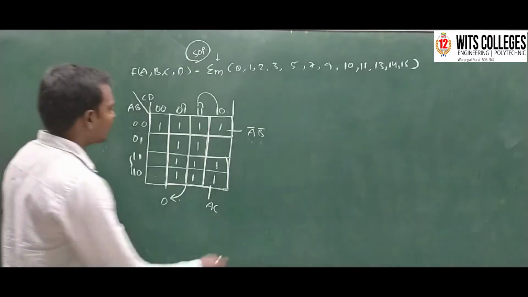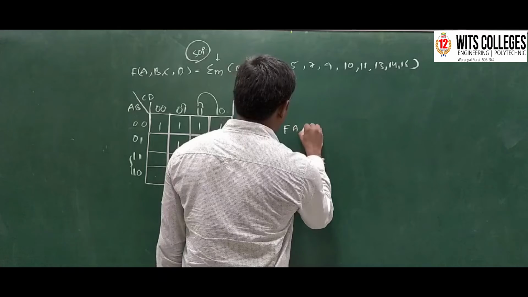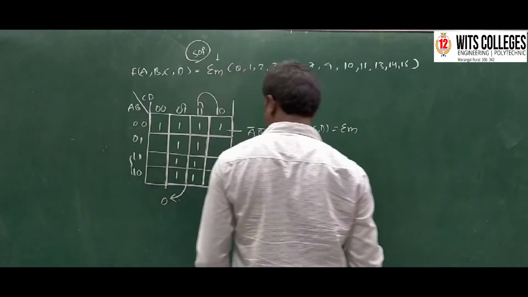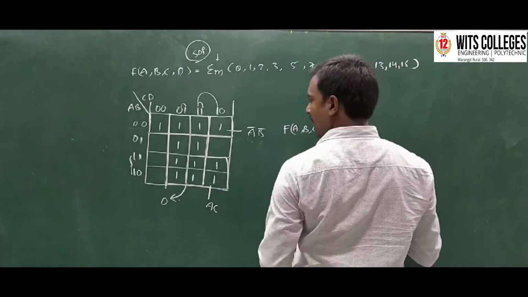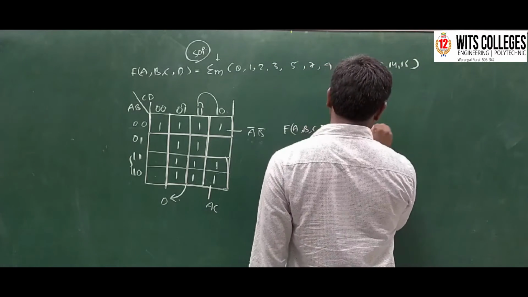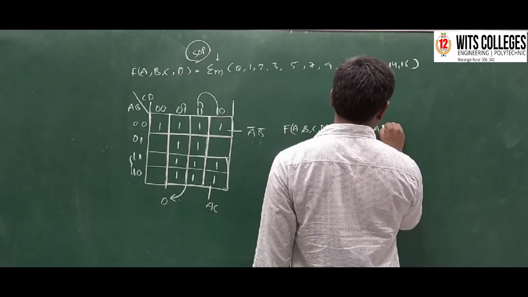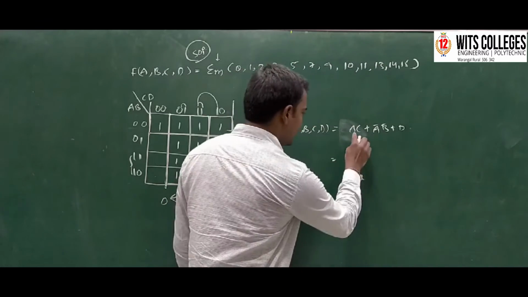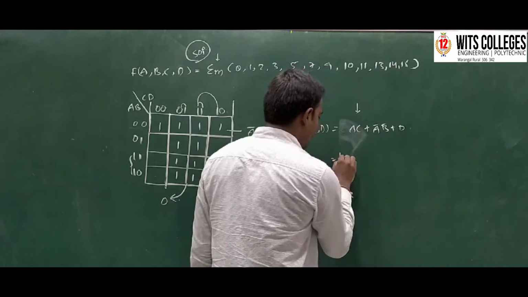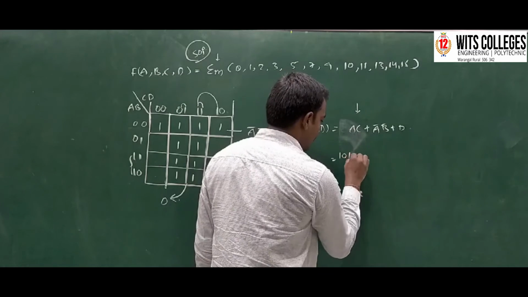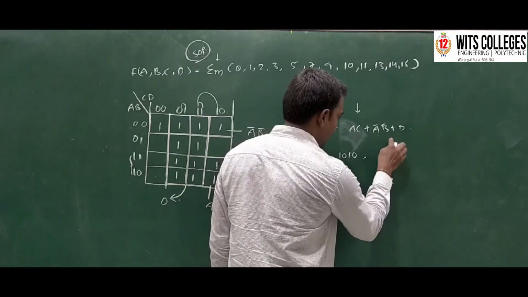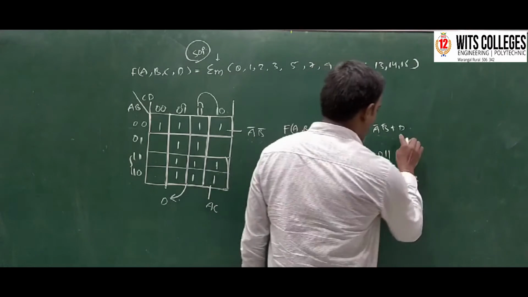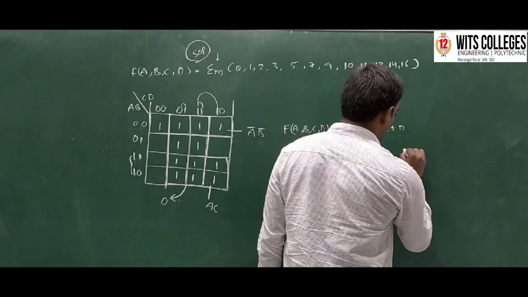Finally we will get the expression f of A, B, C, D is equal to summation m, or this can be written as A into C plus A bar into B bar plus D. This indicates A is equal to 1 and C is equal to 1, and this term indicates A is equal to 0, B is equal to 0, and this indicates 0001.